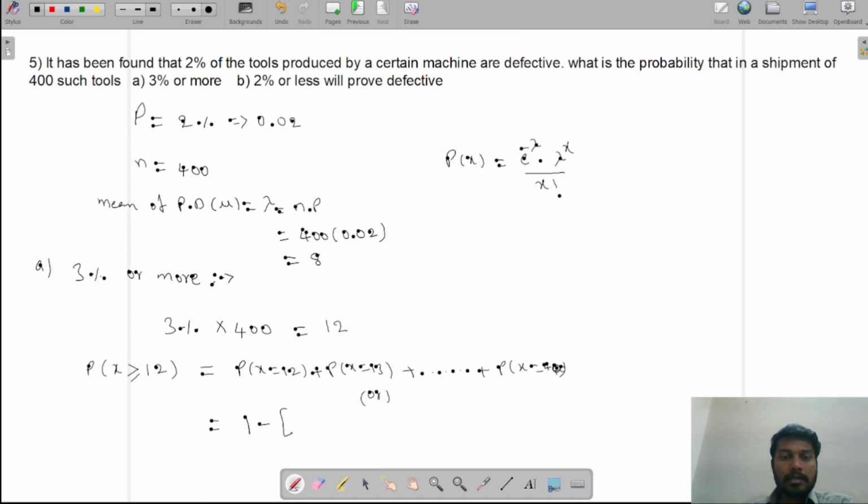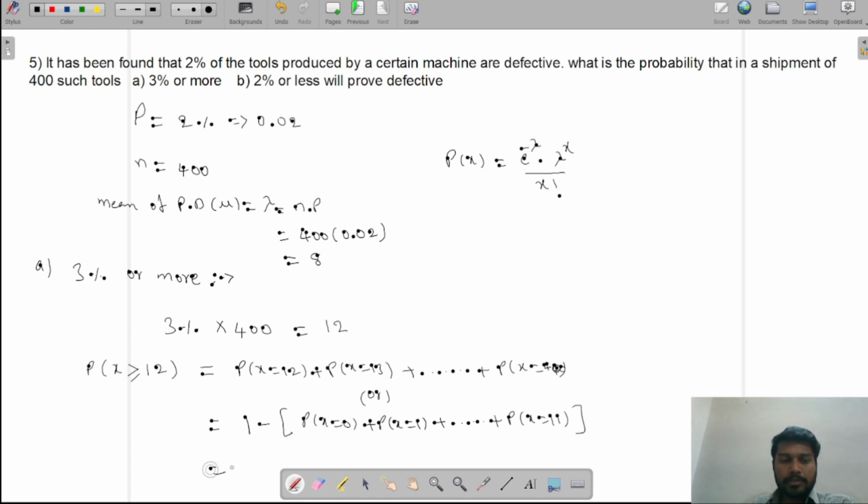See, these are the x values, I mean the probabilities, we don't require. So I'm eliminating them from the total probability. So I can denote it as 1 minus, P of x equal to 0 plus P of x equal to 1 plus so on up to P of x equal to 11.